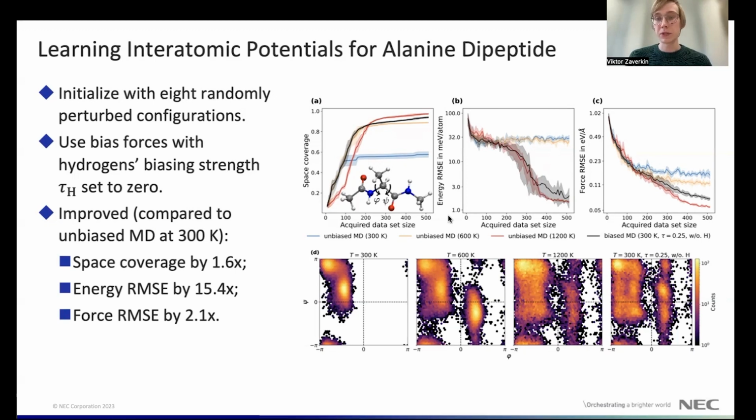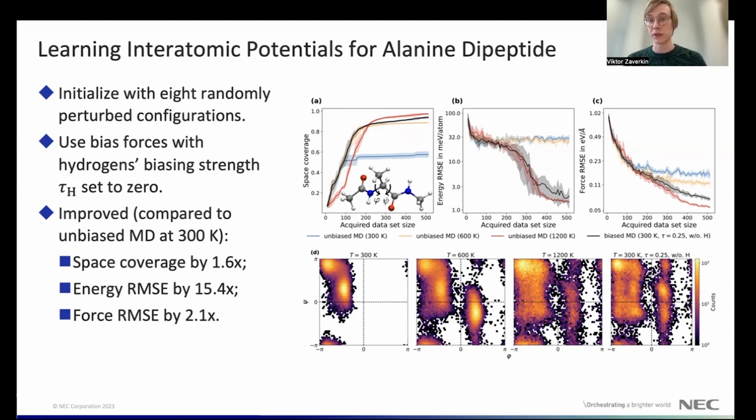Whenever we increase the temperature, we will also improve our coverage, of course, but we do not reach the performance of our uncertainty bias molecular dynamics. Only by increasing the temperature to 1200 Kelvin can we do so. But of course, we deteriorate the performance of our algorithm by increasing the temperature to very high values in the initial iterations, because there our intermediate potentials do not know what to do with the strong distortions which these high temperatures cause.